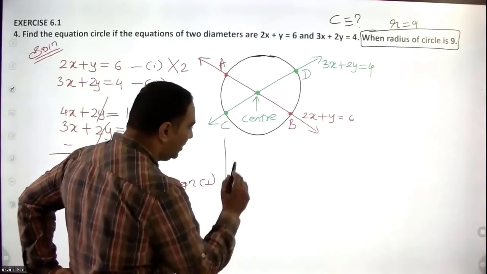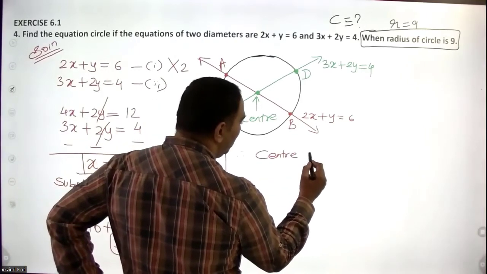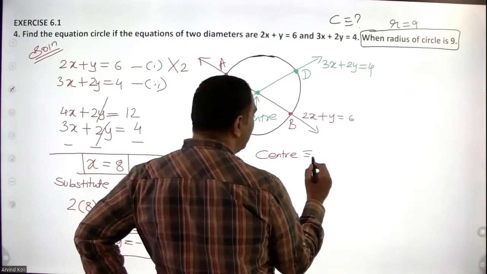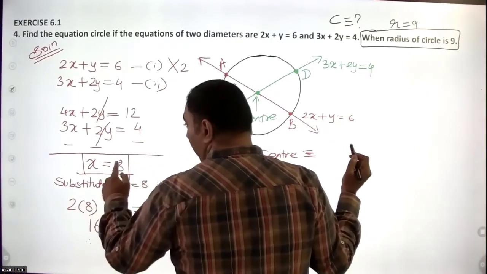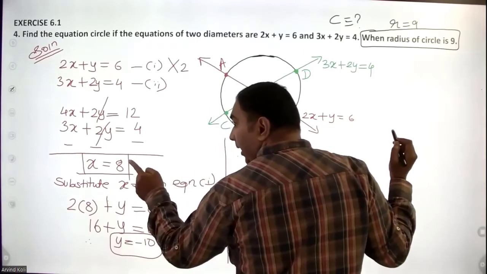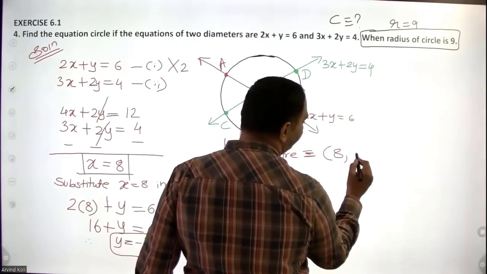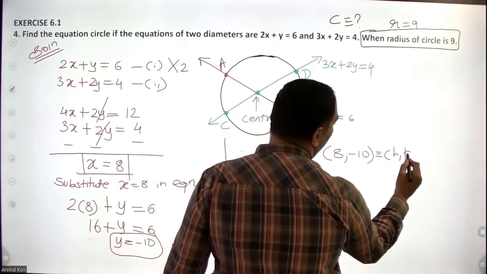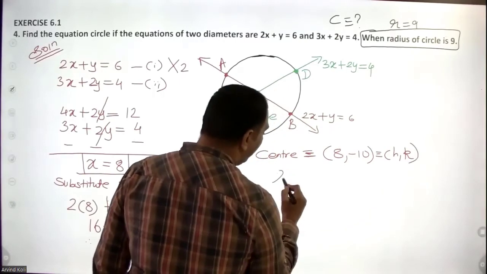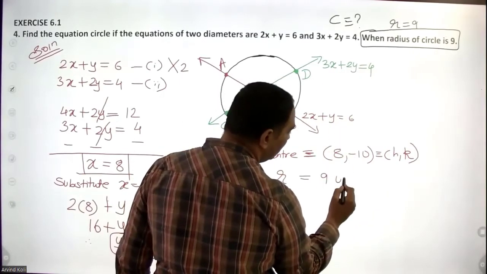Therefore, we say the center of the circle is 8, minus 10, right? And we name it h, k. Radius of the circle is 9 units.